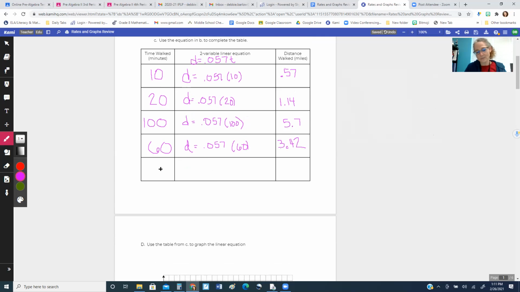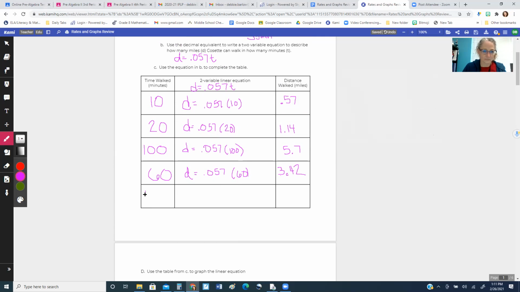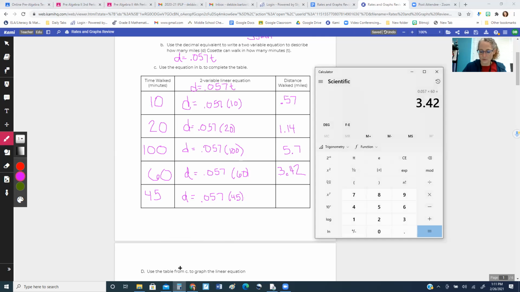And then last one, I don't know, should we do 45? After 45 minutes is a decent time for a walk. The distance is going to be equal to, same thing, 0.057 times 45.